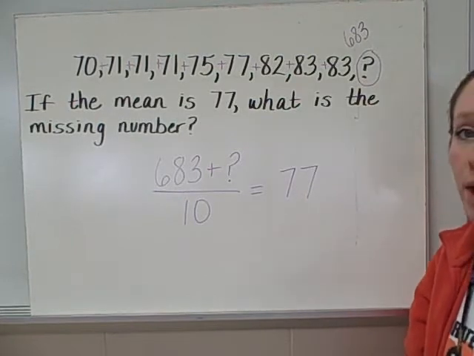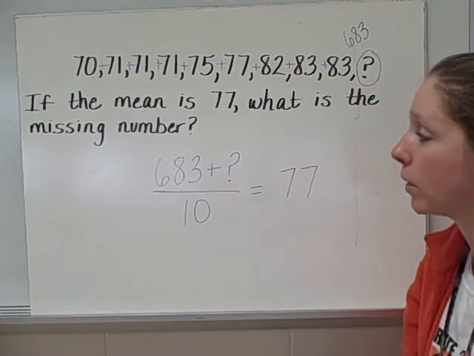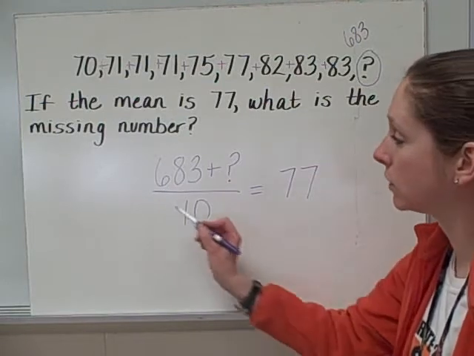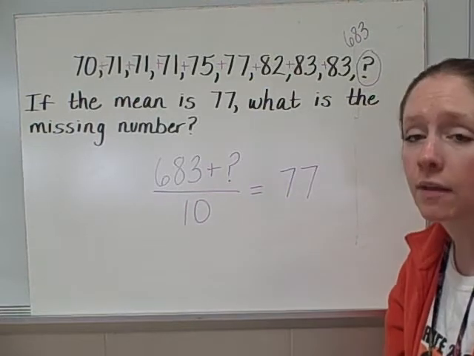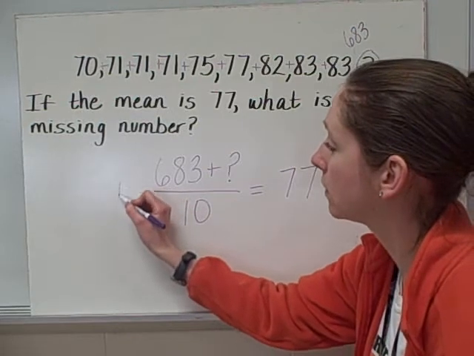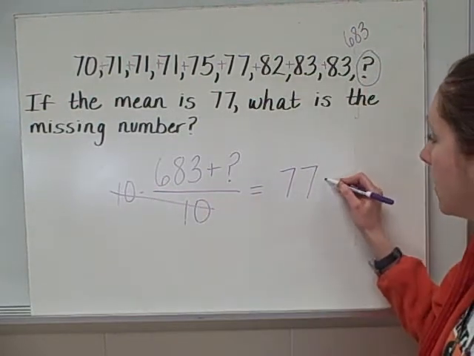So I've really got an equation here. Think about what we would do if we were trying to get this question mark by itself. The first thing I would need to do is get rid of this divided by 10. And the opposite of dividing by 10 is timesing by 10. If I do it to one side, I need to do it to the other side.